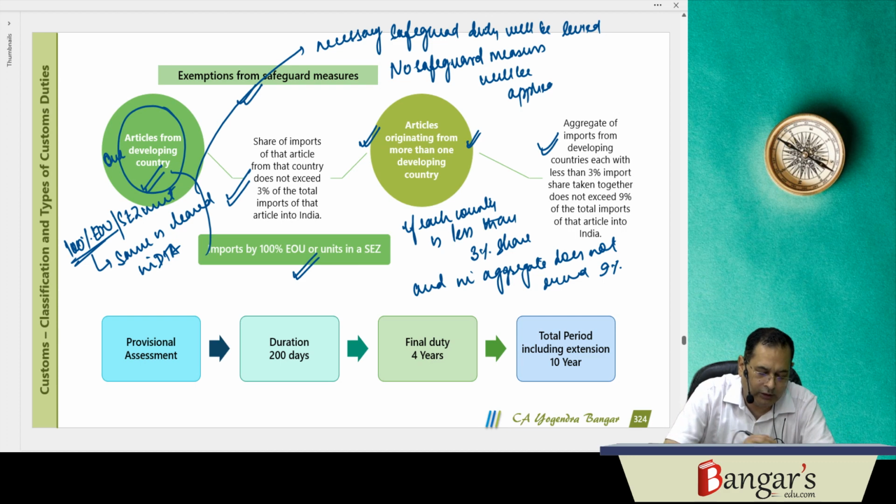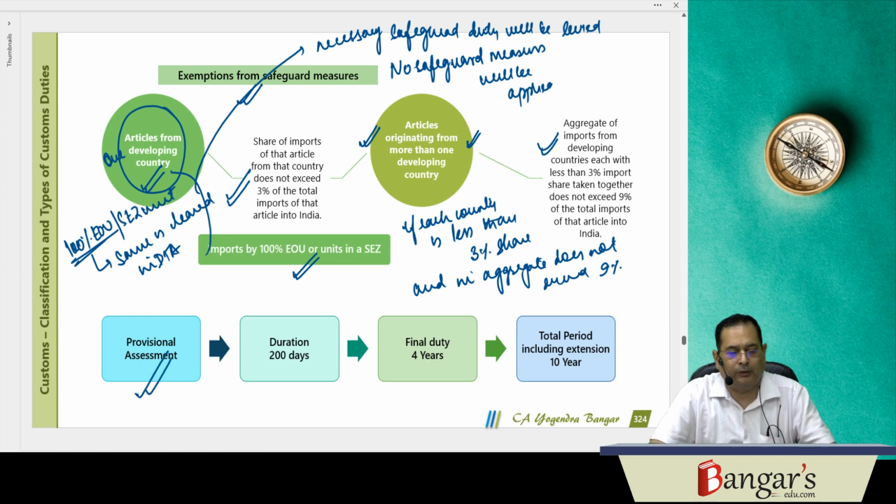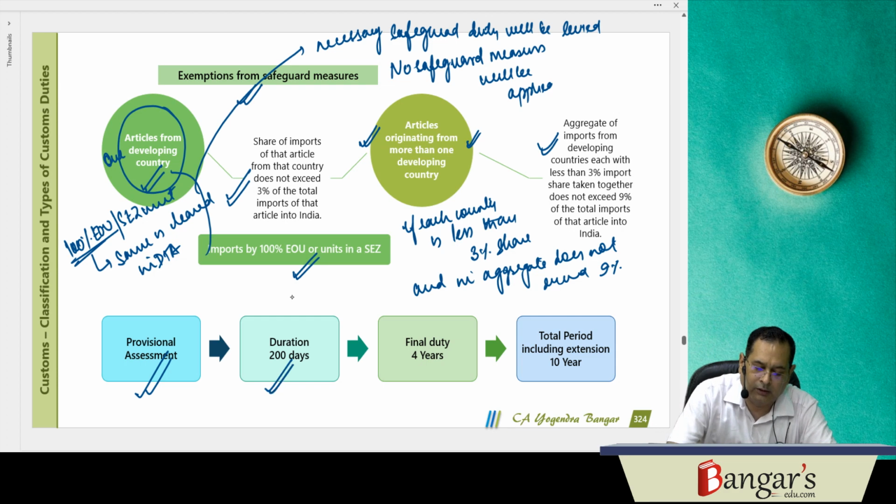Then initially provisional assessment will be made, and then the assessment will be finalized. The duration of provisional assessment is 200 days, and then the same will be finalized.